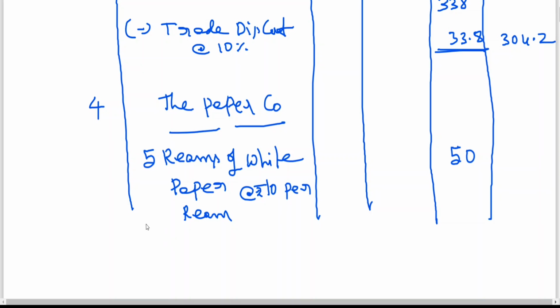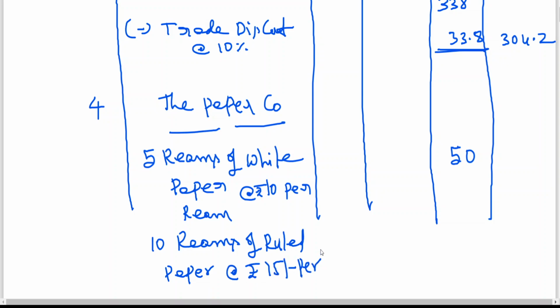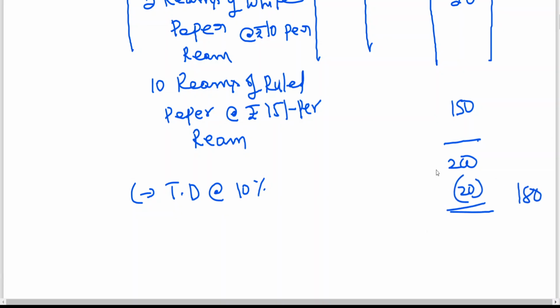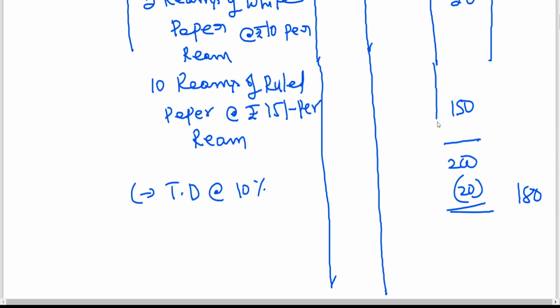Then 10 reams of ruled paper at the rate of 15 rupees per ream, 150. 50 plus 150 is coming to 200, less trade discount at the rate of 10%. 10% of 200 is 20, 200 minus 20, 180 rupees. Clear?